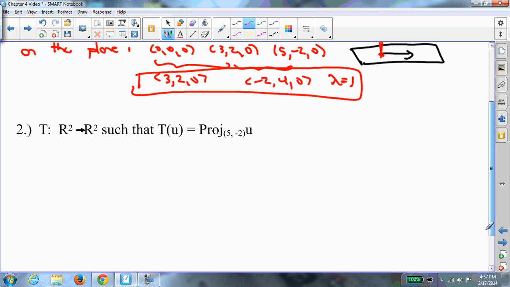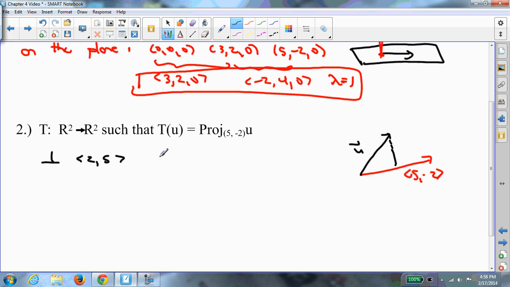Let's do something similar to that. So now my mapping is going to project u onto the vector 5, negative 2. So imagine here's my vector 5, negative 2. And here's my u vector. And basically what T is going to do is project u onto 5, negative 2. So again, if it's perpendicular, perpendicular in this case is going to be the vector 2, 5. 2, 5 is going to project onto 0.